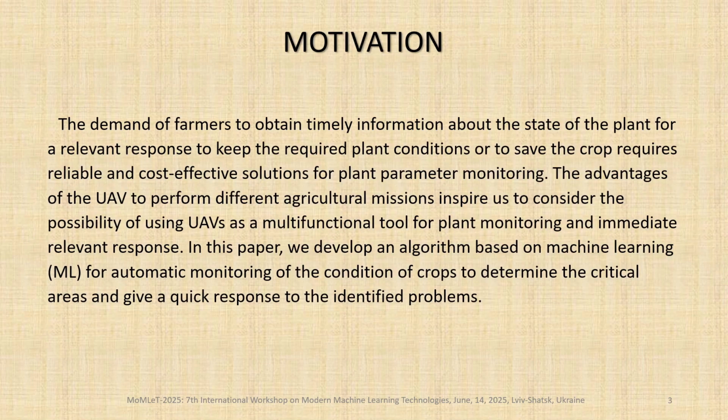Motivated by this, this study explores the integration of UAV technologies with modern machine learning approaches for automated plant condition analysis. We propose a novel algorithm that processes aerial imagery captured by UAVs to assess the state of vegetation, identify critical zones affected by nutrient deficiency or disease, and support real-time decision-making for prompt intervention.